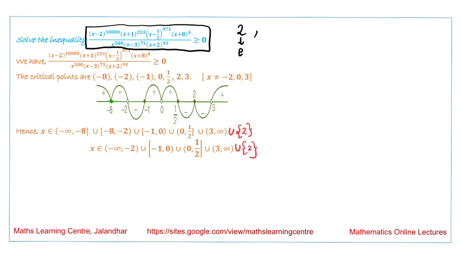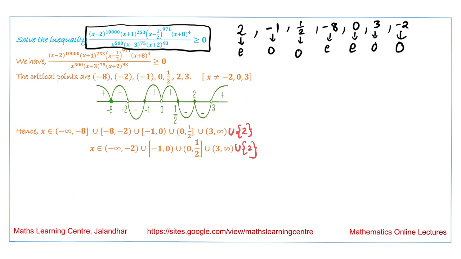Next it is minus 1 and the power is odd. Next it is 1 by 2 and the power is odd. Next it is minus 8, the power is even. Next it is 0, the power is even. Then it is 3, the power is odd. And the next point we have is minus 2 and the power is odd.